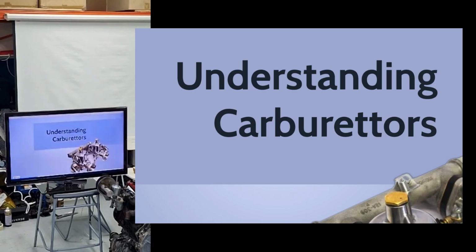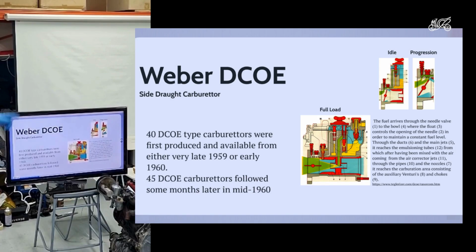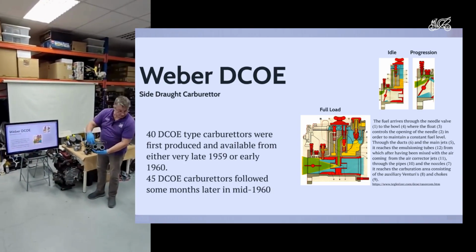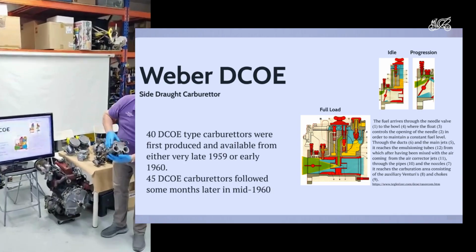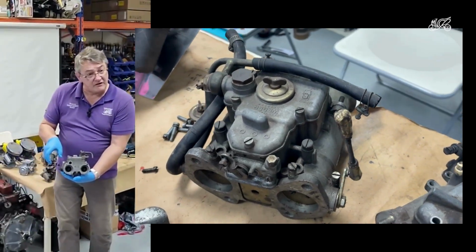So let's jump into carburetors. Let's start with the Weber. So the Weber is, if I may move over here, this great chunky thing. And these holes here are the chokes. So the air is coming through here, and as you may see, if you look down there, you can see it narrows.